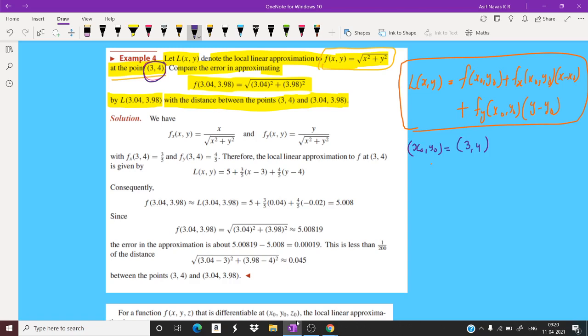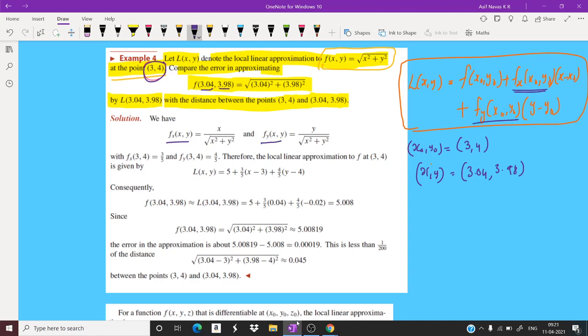We want to compare the value at f(3.04, 3.98), so x and y are 3.04 and 3.98. First we will find f_x(x, y) and f_y(x, y), the derivatives of f with respect to x and with respect to y. That means we want to find these two.